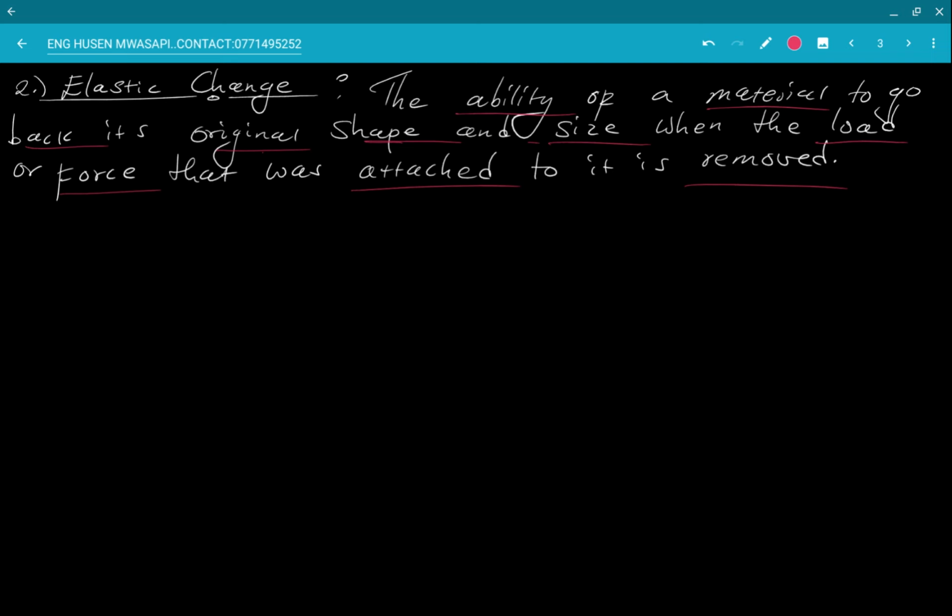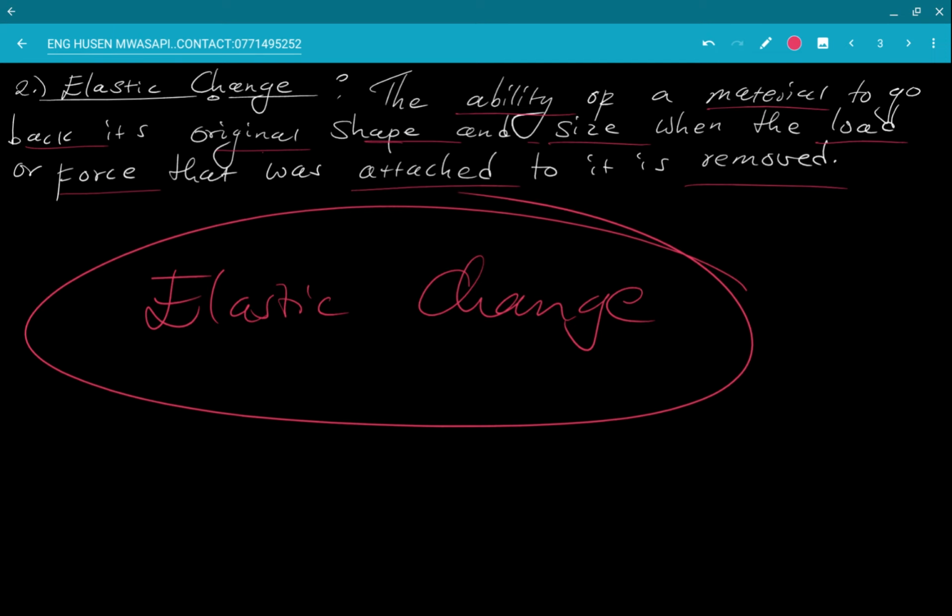If you visualize a simple elastic band, if you stretch it with a certain force to a certain length and say let go at one end, you'll find that the elastic will go back to its original shape and size when the force that stretched it is removed. So that ability of the elastic band to go back to its original shape and size when the force that was applied to it is removed is what we are calling what? Elastic change. So elastic change is very important in this topic to understand.